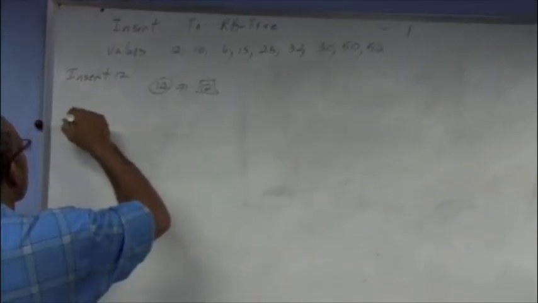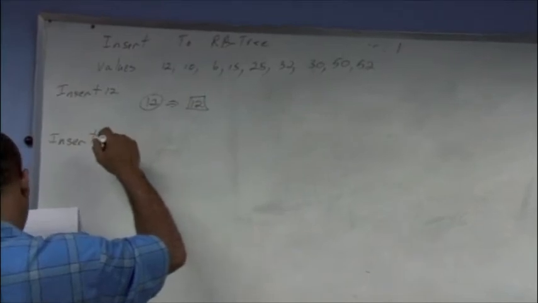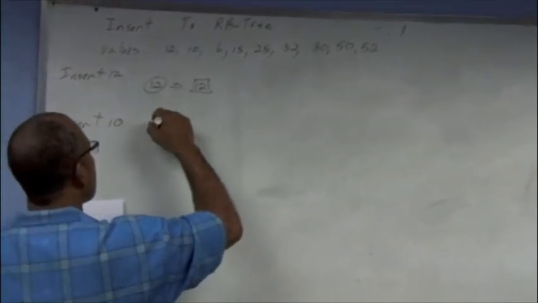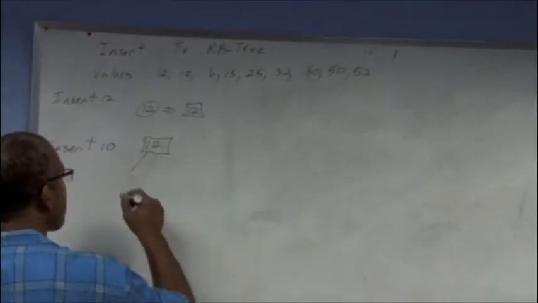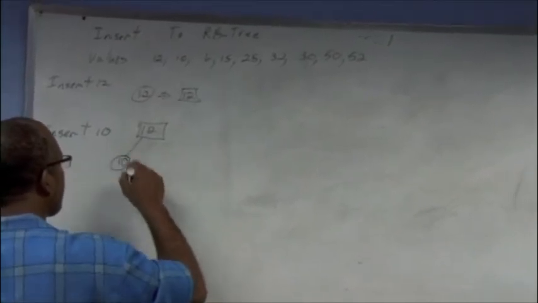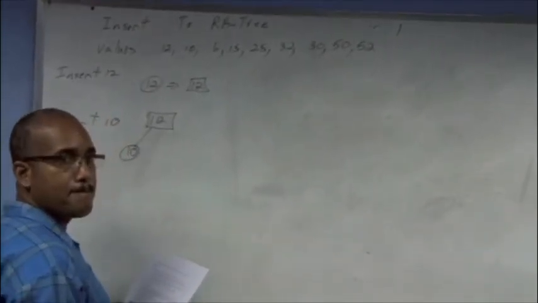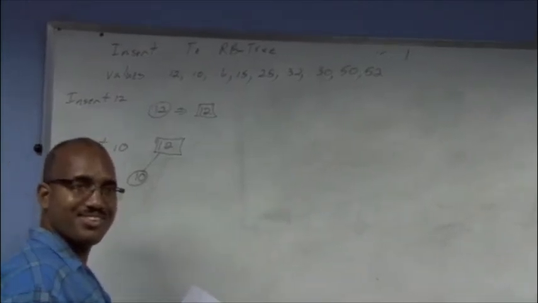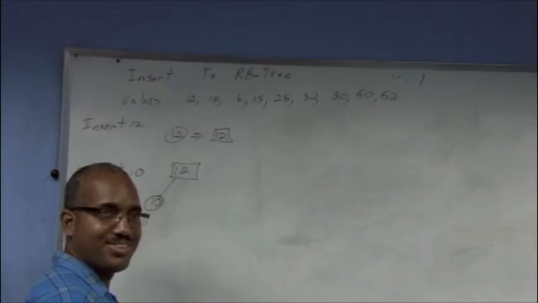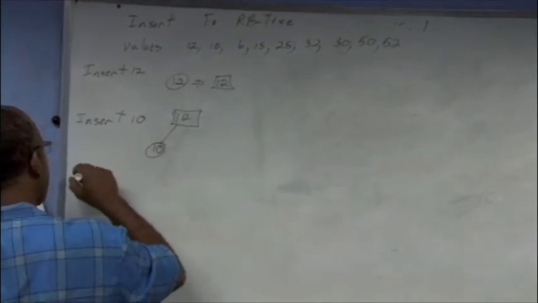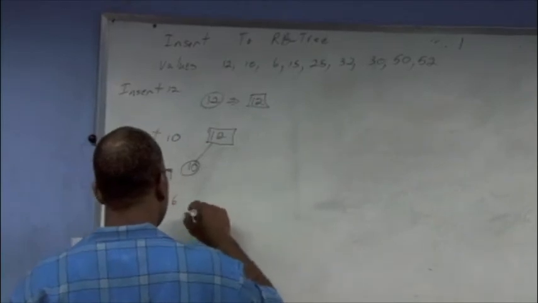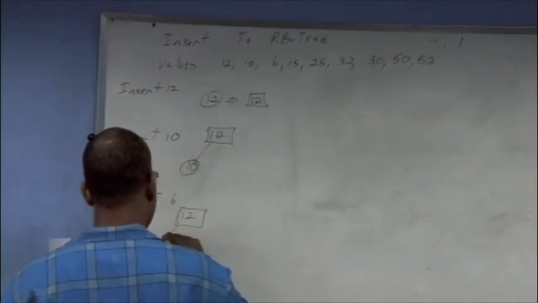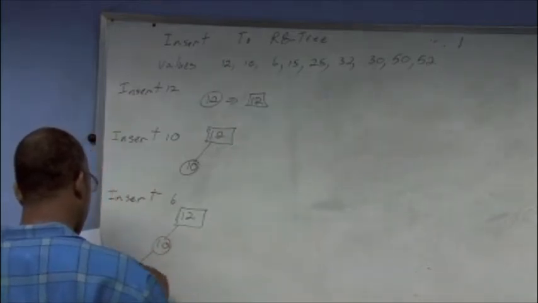Then I'm going to insert 10. So 12 is there already. It comes in as red. Does it stay there as red? Yes, for now. Then I'm going to insert 6. So you have 12. Are we done there?